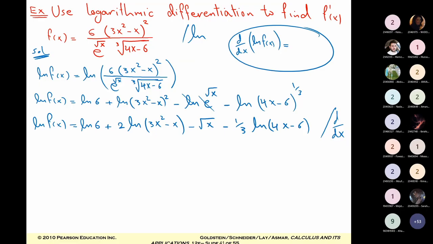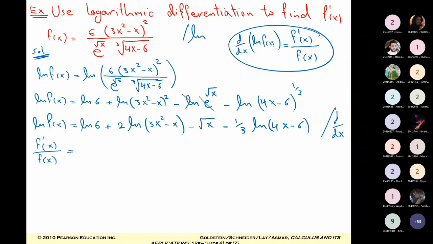Good. f prime over f of x. So this is equal to f prime of x over f of x.